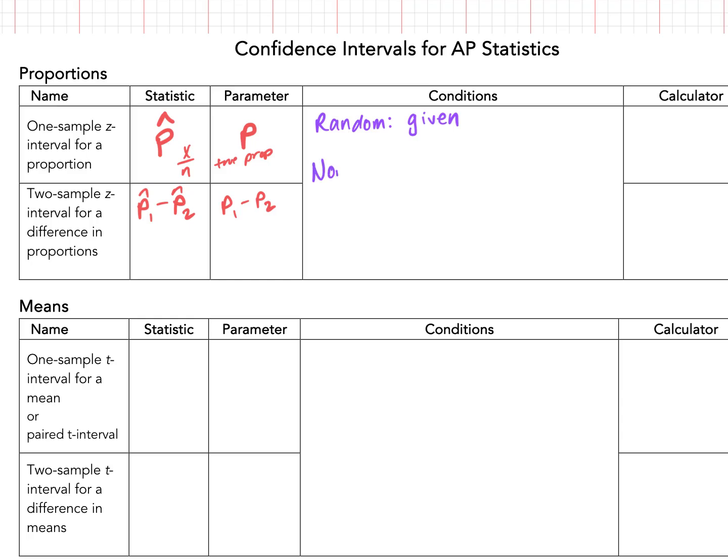Your normal condition. For this one, you do N P hat and N times 1 minus P hat. Again, they have to be greater than or equal to 10. And if you have two samples, you've got to check for both samples.